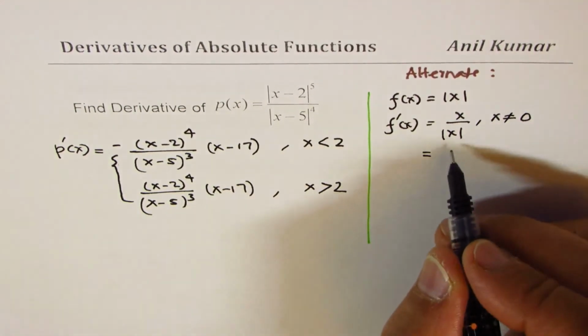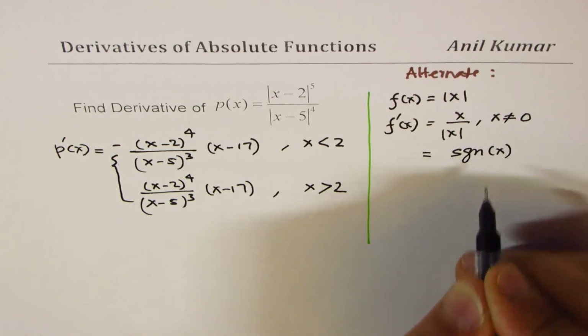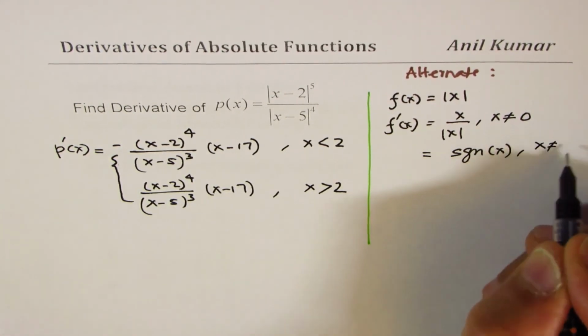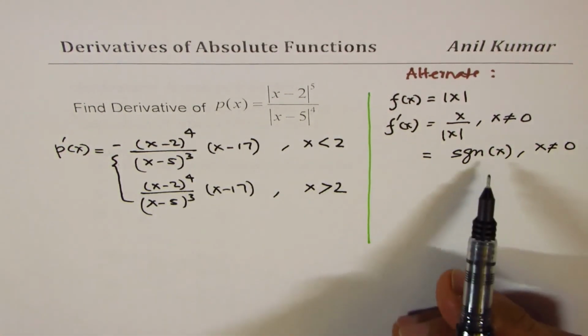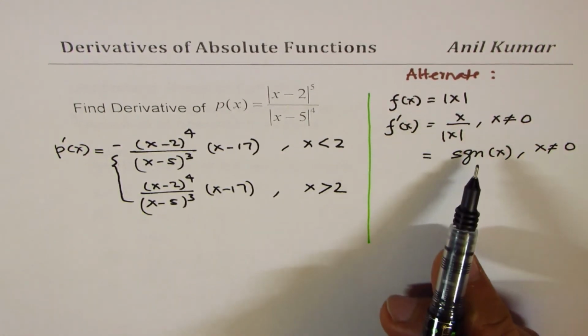And this could be written as signum x, where x is not equal to 0. That is how you could write the derivative of your function.